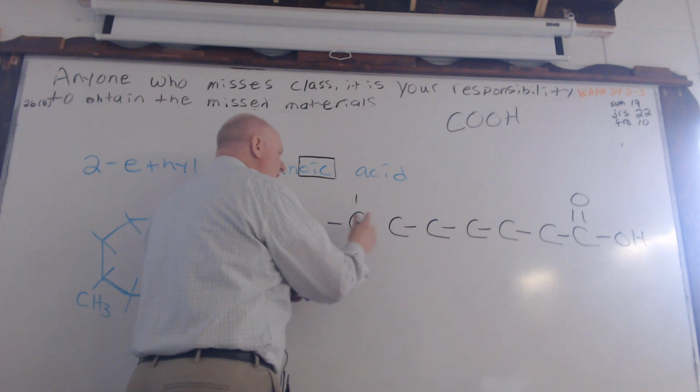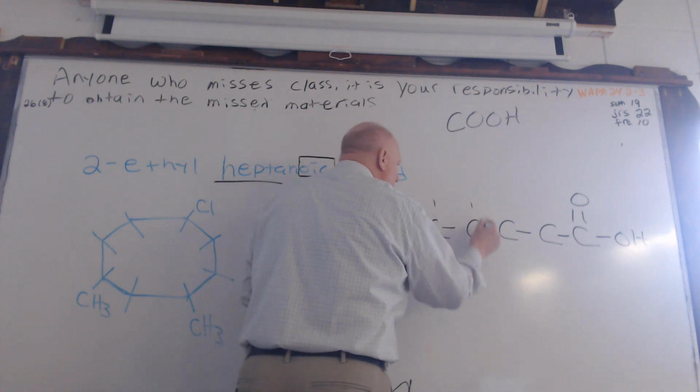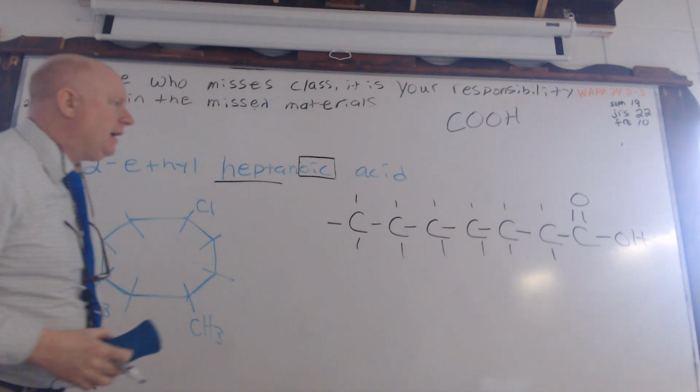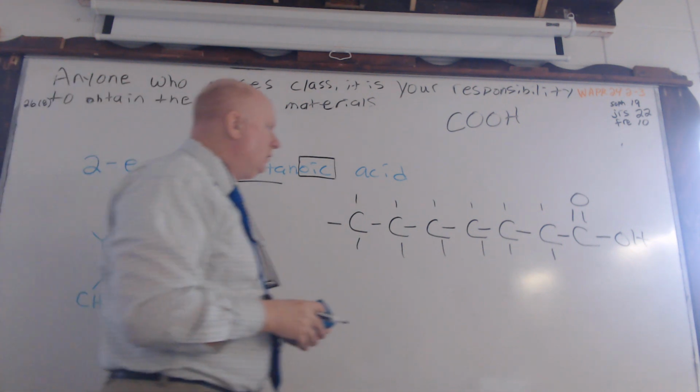Almost makes it look like an E. Gesundheit. Okay. So right now we would have heptanoic acid, but that's not what this compound says. It says something specific about carbon number 2. So it says 2-ethyl.